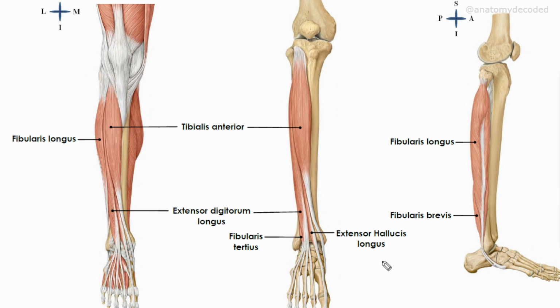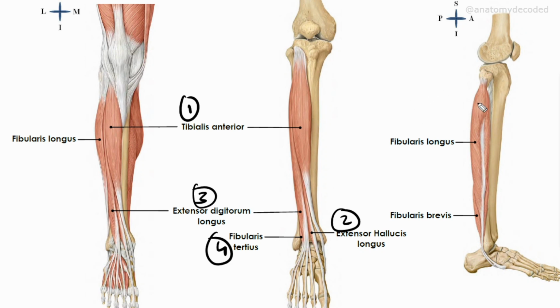Then there is a muscle to the great toe, the extensor hallucis longus. And there is one muscle called fibularis tertius. All these are the muscles in the anterior compartment of the leg: tibialis anterior, extensor hallucis longus, extensor digitorum longus, and fibularis tertius. These are the 4 muscles.